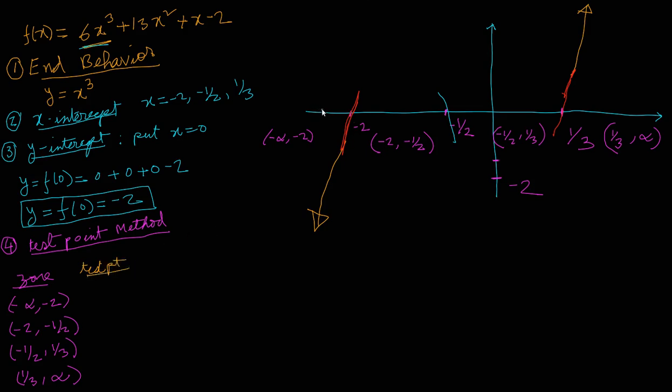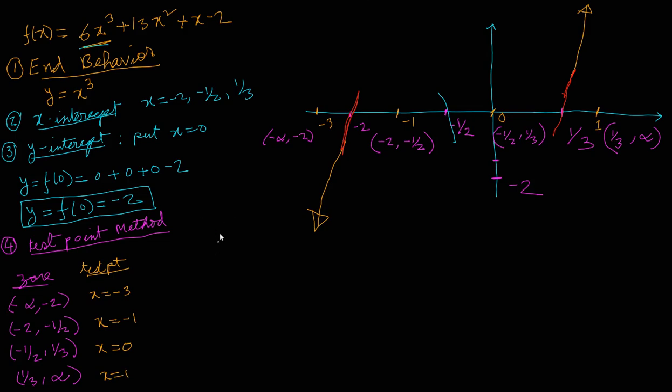From the first zone, let's say I choose the test point -3, so x equals -3. This is my first test point. From the second zone, I am choosing the test point x equals -1. For the third one, I am going to choose the test point x equals 0. And from the fourth zone, I am going to choose the test point x equals +1.